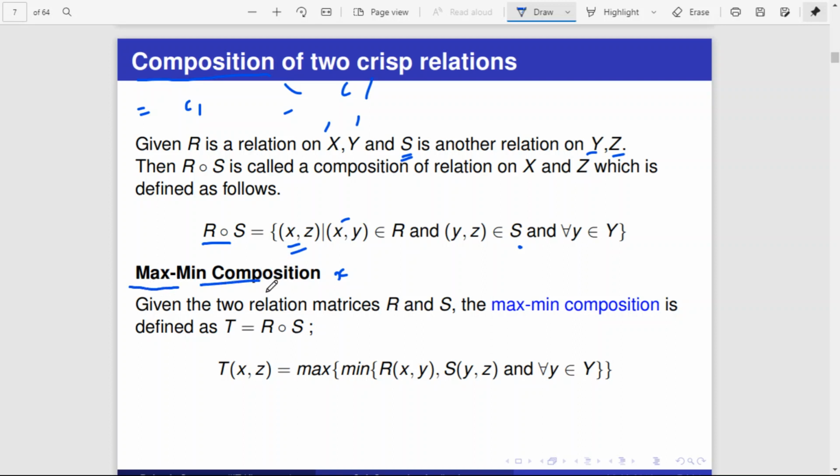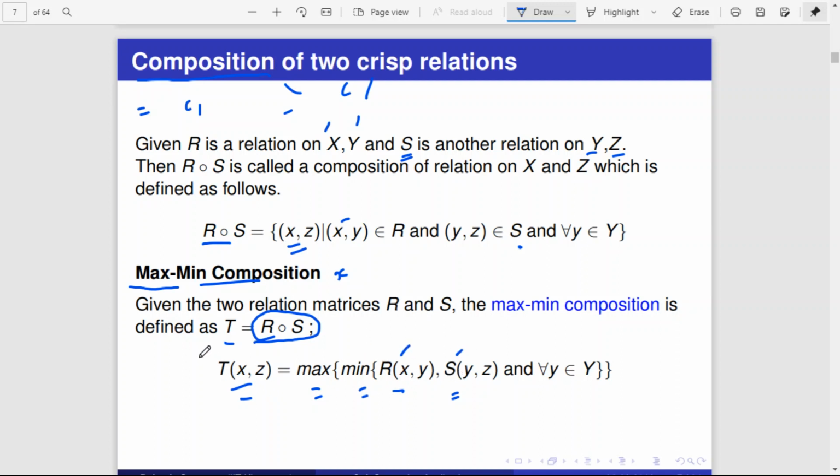When you want to calculate R composition S, which is represented as T, every element in R composition S is x comma z, mentioned here as T of x comma z, which is equal to max of min of the relation R and relation S. First you find the min of the two relations R and S, then you find the max of it.